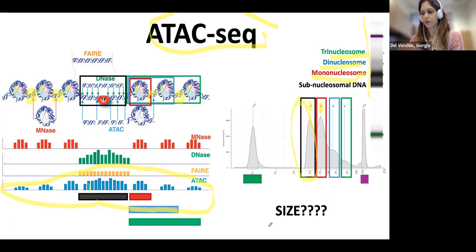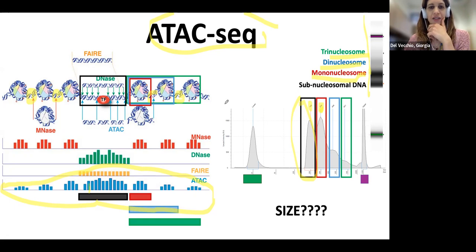So I just want to know, do you know what's the size of the DNA that's around one single nucleosome? How many base pairs do we have around one single nucleosome?